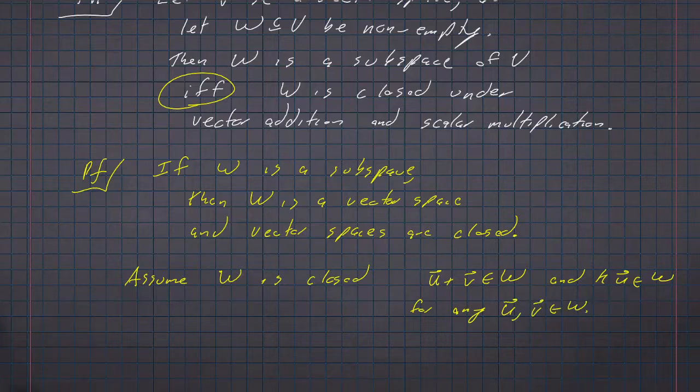That is to say that U plus V is in W and K times U is in W for any U and V in W. And we want to show that W is a vector space.